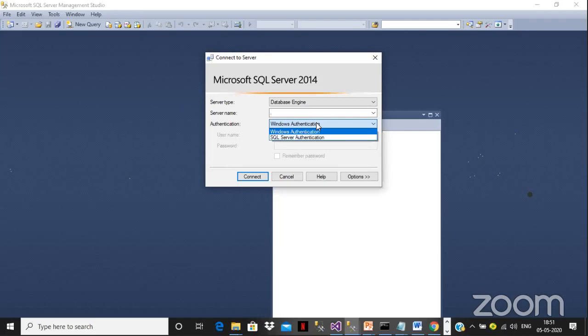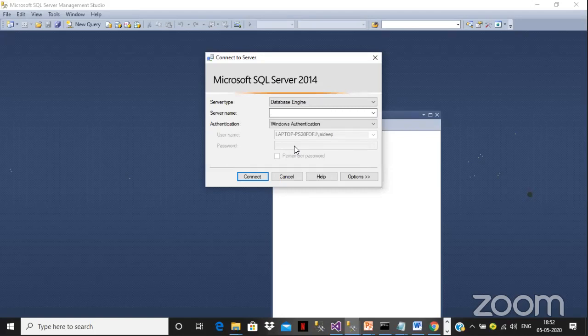So here also it is asking. Now we are connecting to SQL Server by using Management Studio. It is asking, do you want to connect with Windows authentication or SQL Server authentication? If you want to connect using Windows authentication, there is no need to give the username and password, because by default you are a valid user of the Windows operating system.